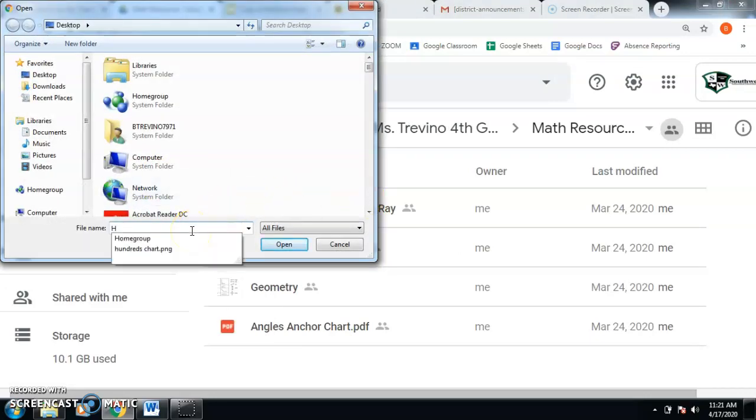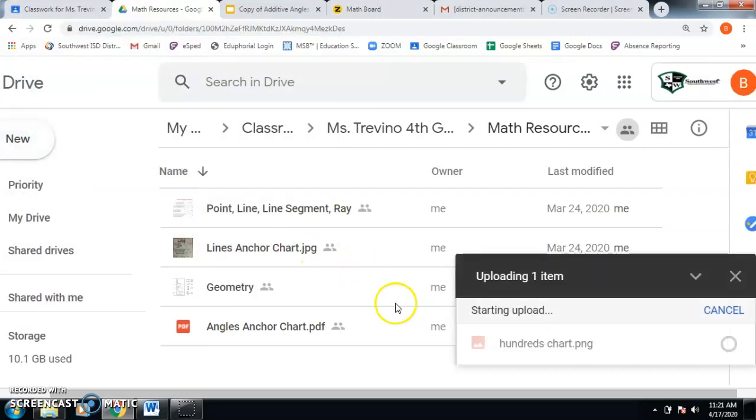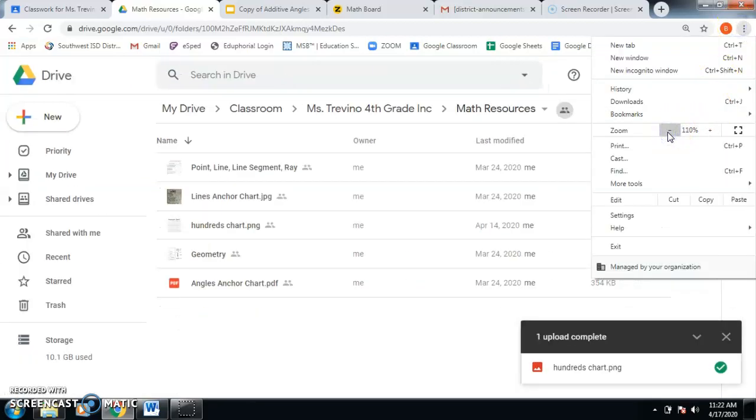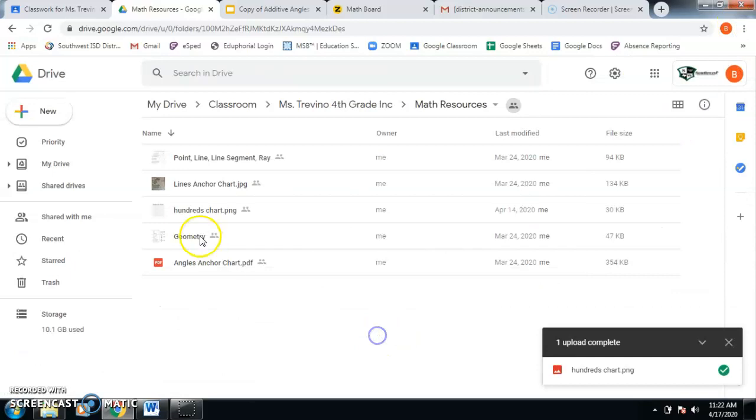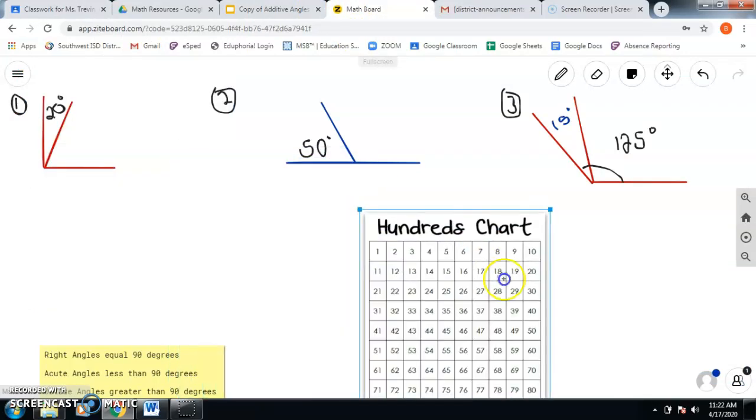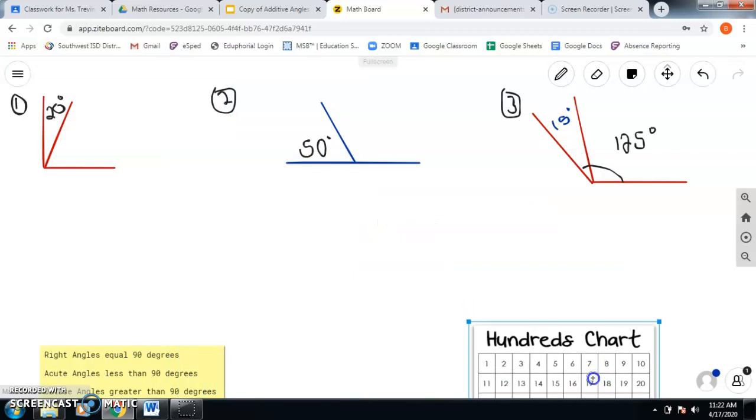And that one's going to be called hundreds chart, okay? Open it, so you're going to find that here in the Google Drive. Okay, so now you know where it's at. So let's come back to the math board. Okay, so here is our hundreds chart. We're going to move it down here when we start using it.